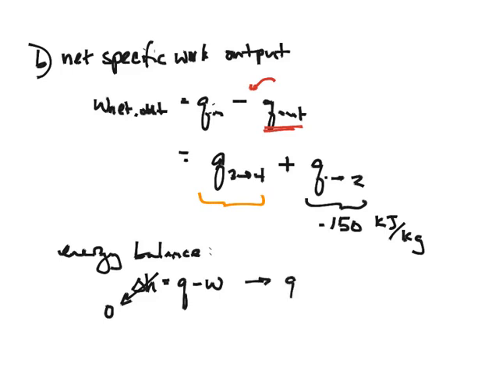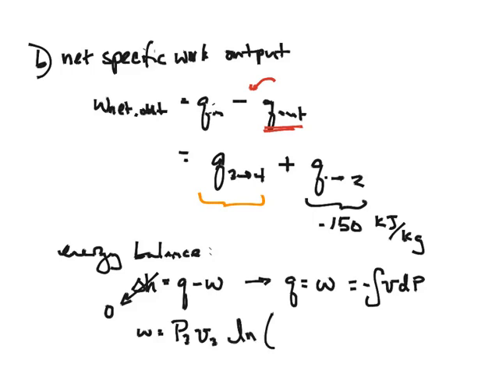And so we have Q equals W. Once again, W is going to equal the integral minus integral of V dP. And so when we go ahead and integrate that out for an isothermal process, we get work equals P3 V3 ln V4 over V3.